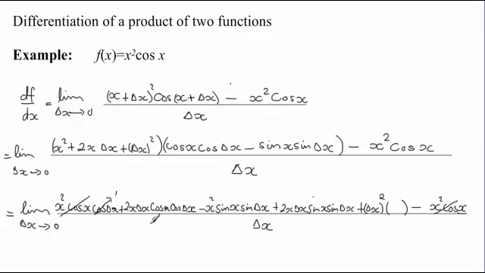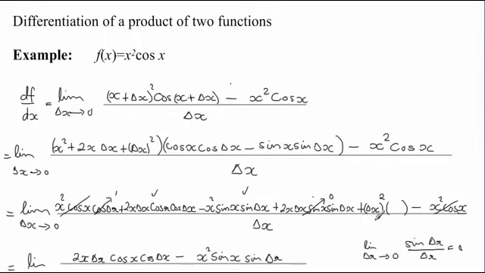Then we are left with this term and that. This one tends to 0 faster than delta x, because there's delta x here and sine delta x, and both of them tend to 0. So this goes very fast to 0. Lastly, turning to this bracket, delta x squared also tends to 0 faster than delta x, so this term will also tend to 0.